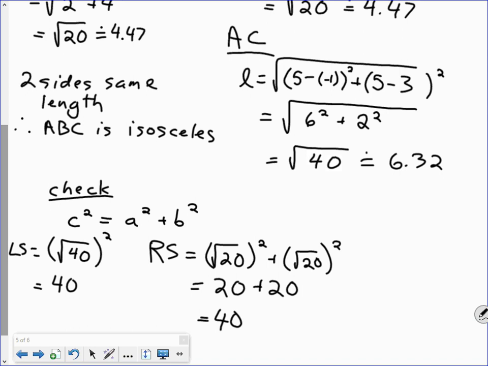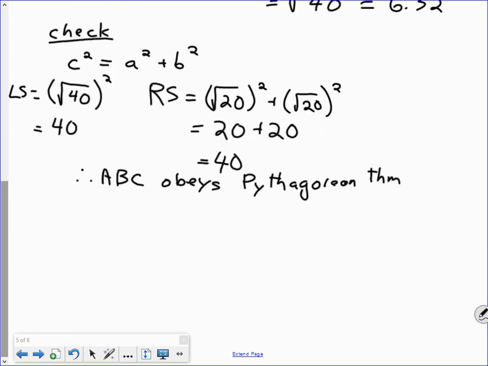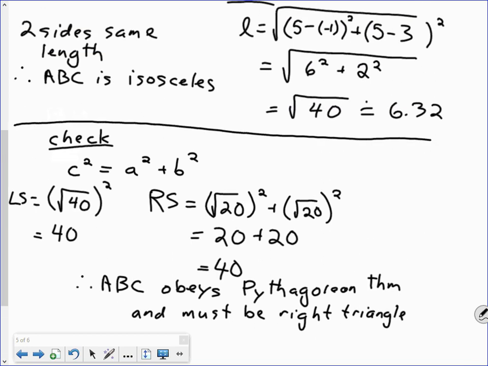So because this obeys the Pythagorean theorem, ABC obeys the Pythagorean theorem and must be a right triangle. But doing this in addition to finding the slopes of the sides is a little bit of overkill. So if my solution had stopped right there, it would have been perfectly good.